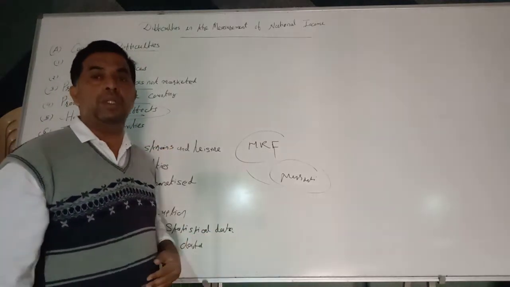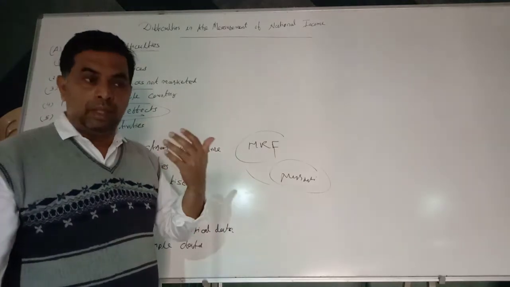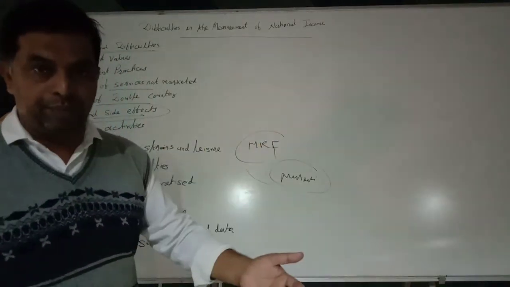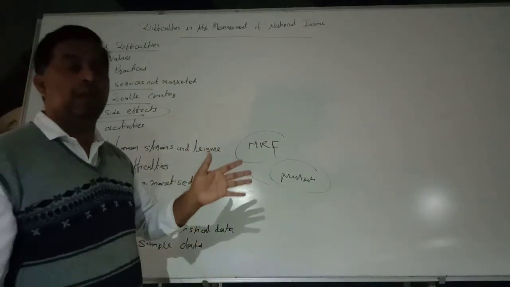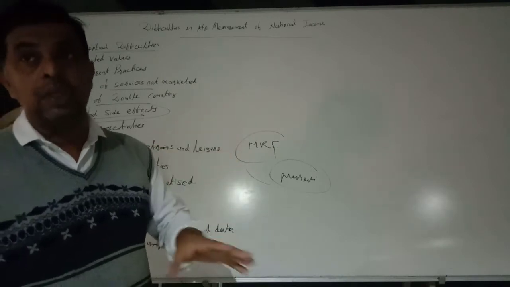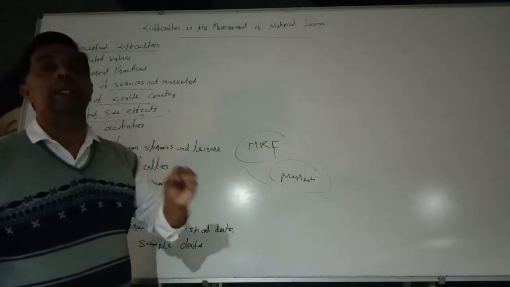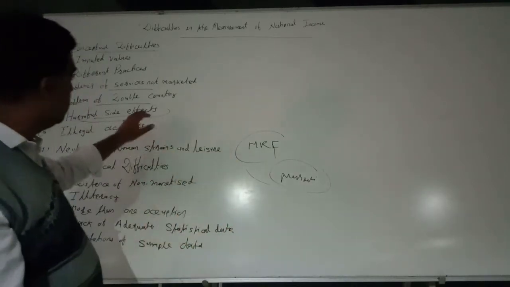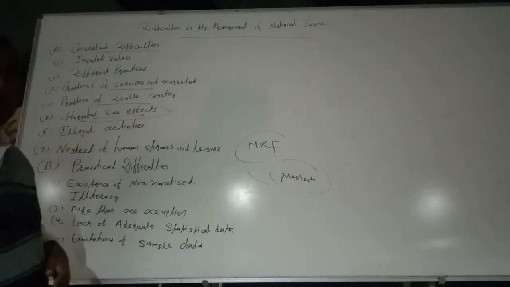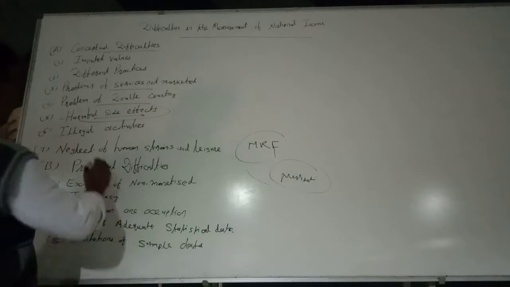Sometimes it happens due to excess production. Natural resources get destroyed, and it will be very harmful for the future generation. So this is also not considered in national income. So this is also the limitation of national income, that the national income committee does not consider harmful side effects.